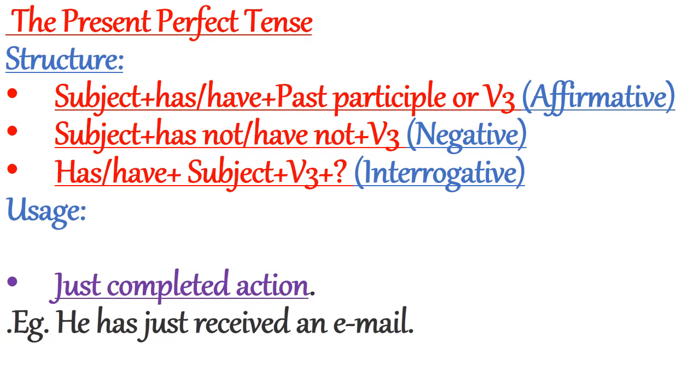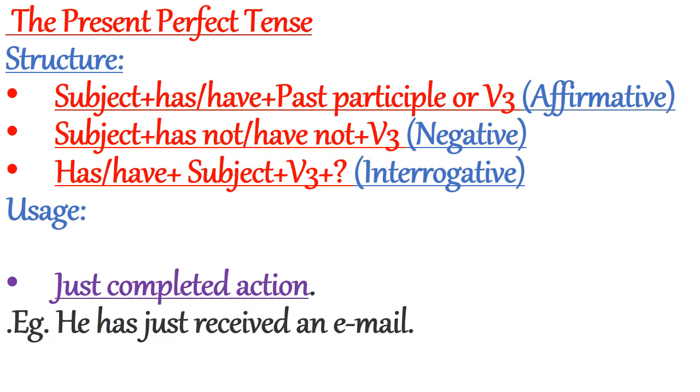Present perfect tense is actually used to express an action that has been recently completed, that has just completed. So it is used for just completed action. For example, he has just received an email.